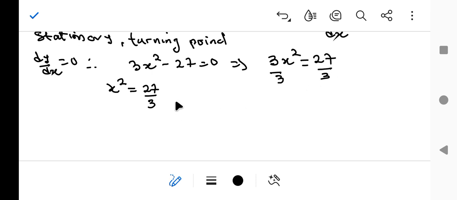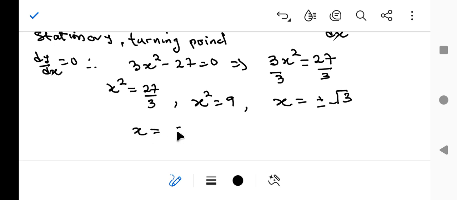So definitely, we're going to get x squared is equal to 9. We can take the square root of both sides, so we'll have plus or minus the square root of 9. Therefore, our x should be equal to 3 or minus 3. So x is equal to 3 or x is equal to minus 3.